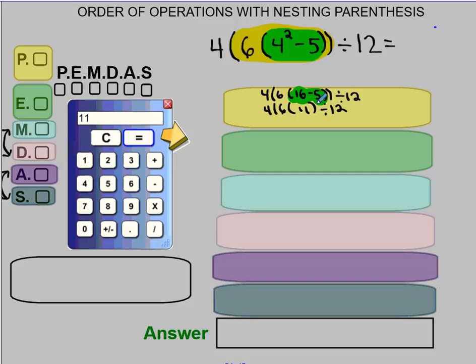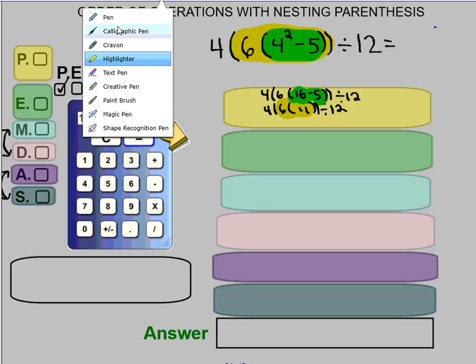We still have what's in the parentheses. Now, this is no longer an issue. We've gotten rid of our parentheses within the parentheses. Now we have to see what else is left within the original parentheses. All right, so we have 4 times 6 times 11. So we're worried about 6 times 11 right now.